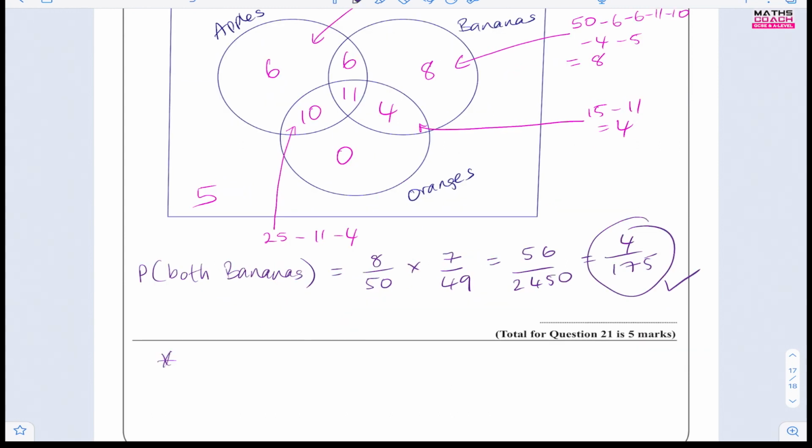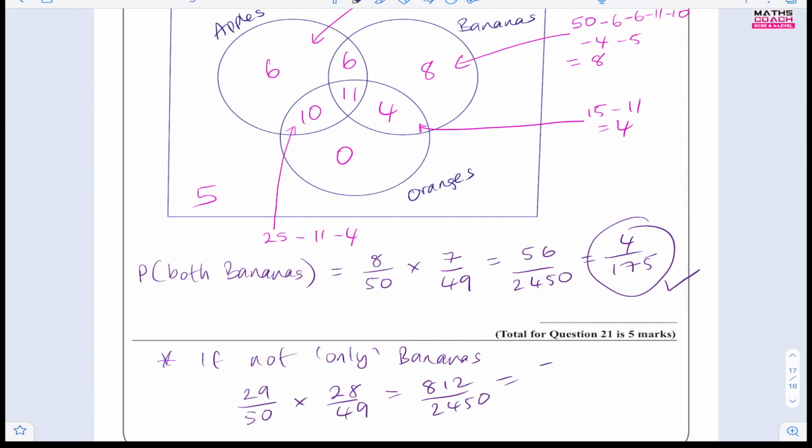So a second scenario could be, if not only bananas, we get 29 out of the 50, times 28 out of 49. And that gives us 812 over 2,450, and that equals 58 over 175. And they are your two possible answers.